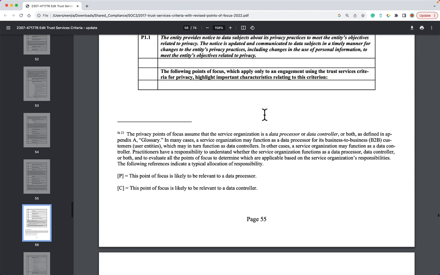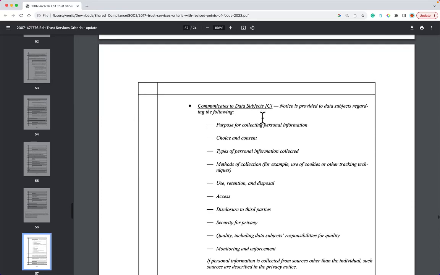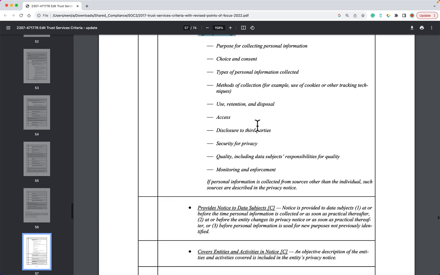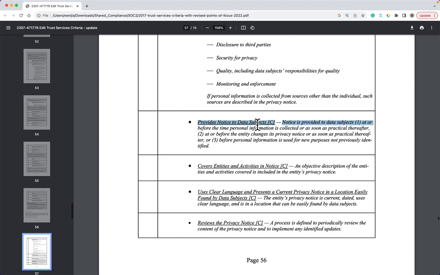So how can we achieve this principle? Communicates to data subjects and provides notice to data subjects.